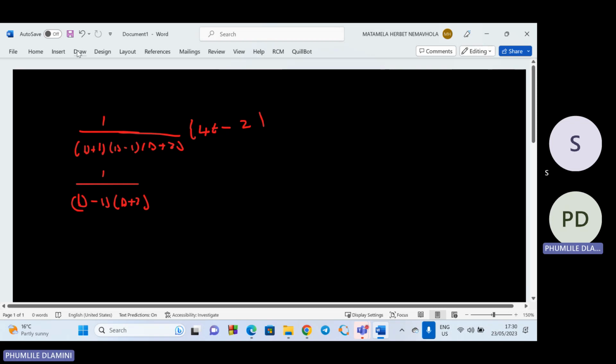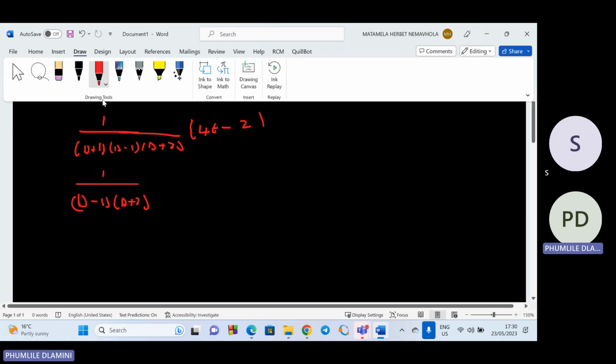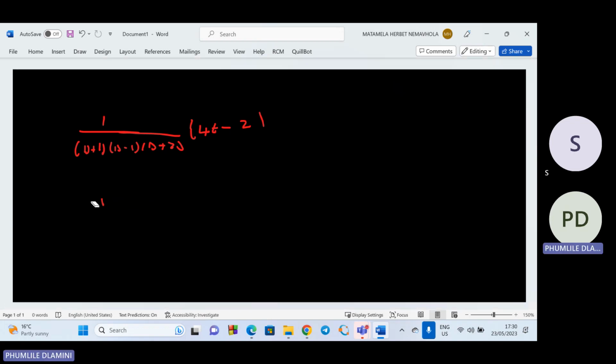Okay, it's fine. I want to test whether this method is going to work properly, but I think it's going to work. This one is going to take my time.